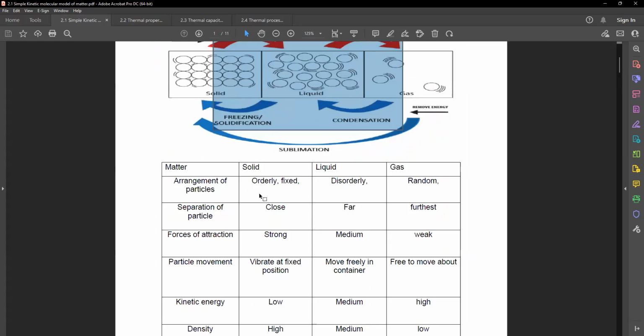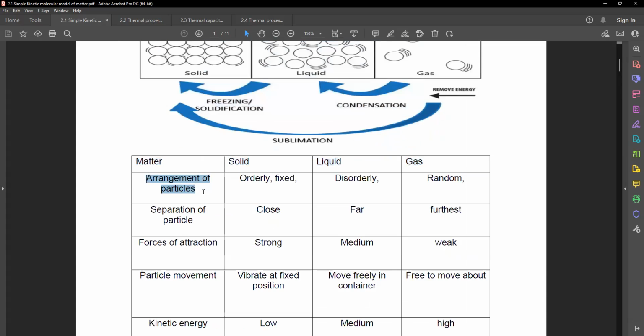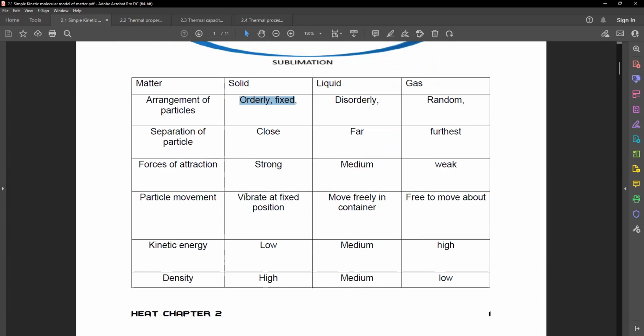All right, then one more thing I would like to highlight is the arrangement of the particles. For solids, usually we say that it's orderly or fixed or lattice arrangement. Either way to say that they are basically very nicely arranged together, right? And then in terms of the movement, I mentioned this before, although solid seems like it's not moving, the particles are actually vibrating at fixed positions, guys.